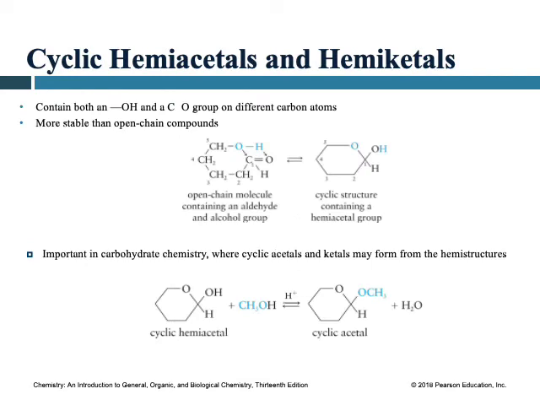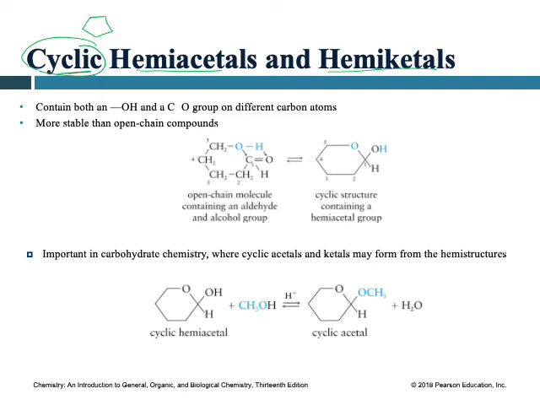So now we're going to talk about a special type of hemiacetal or hemiketal called a cyclic hemiacetal or cyclic hemiketal. The time I know this is cyclic, we know it's a closed circular ring of 5, 6 carbon, 5 carbon, 4 carbon.